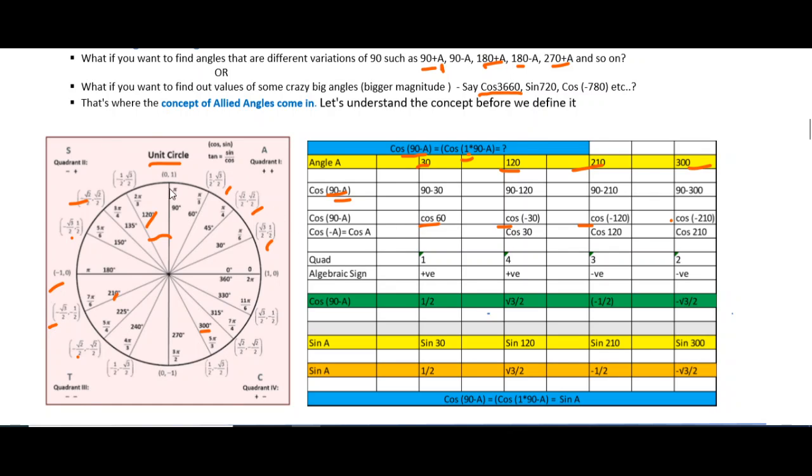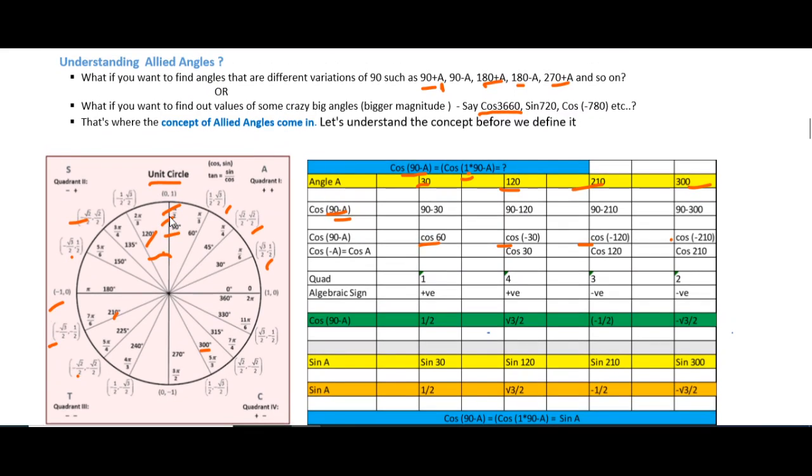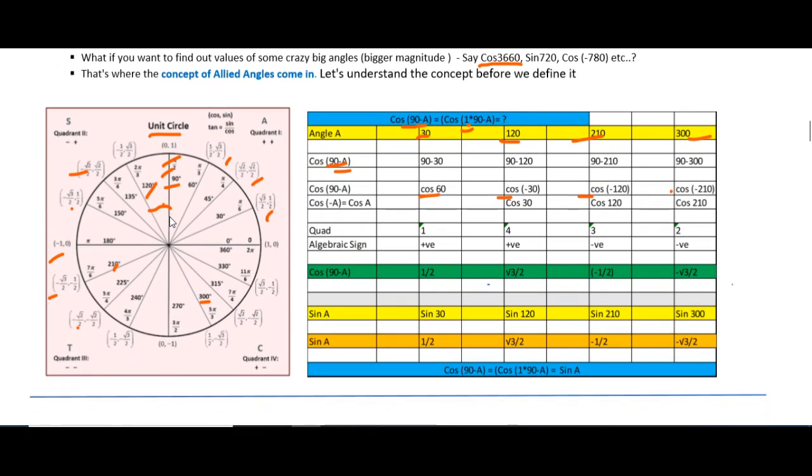If you take 90, 90 is here. Let me take a different color. 90 is this y-axis.